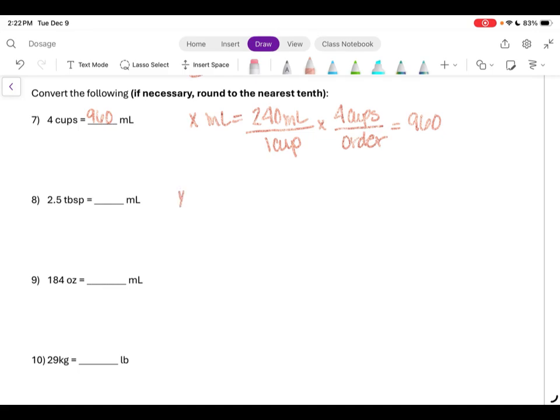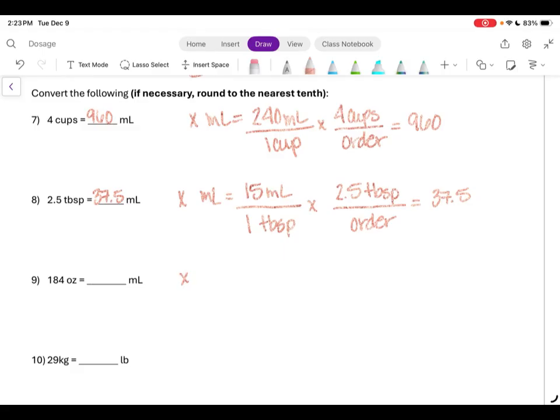Number 8, again, looking for milliliters. I know that I have 15 milliliters in 1 tablespoon. And I know that from my conversion sheet. And then we multiply by our order. And we will get 37.5. Okay.